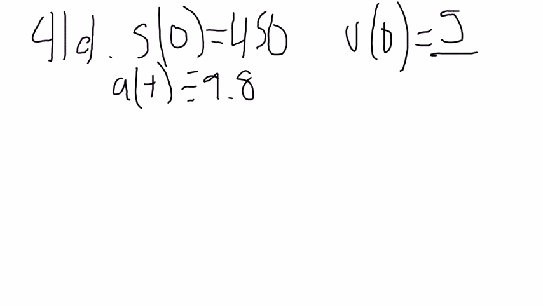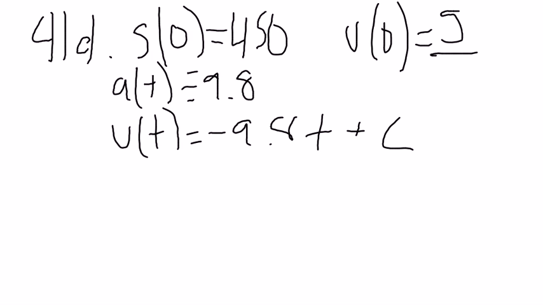But instead, our v of t is negative 9.8 t plus c, but our c isn't 0 anymore. Our c would now be 5, because v of 0 is 5 instead of 0. And so now we have to use the velocity formula to get to our position formula.